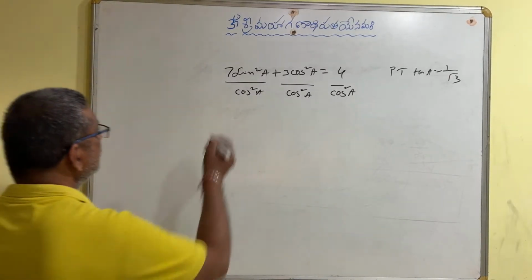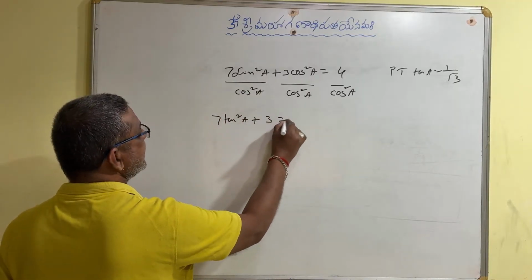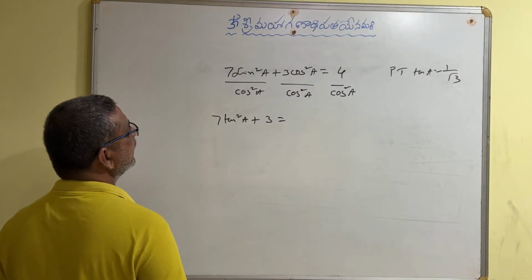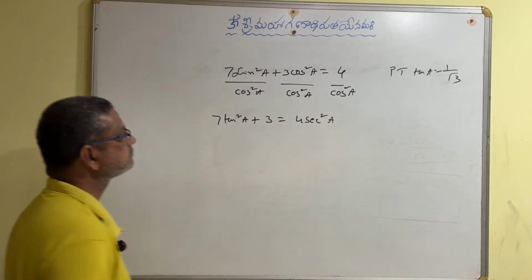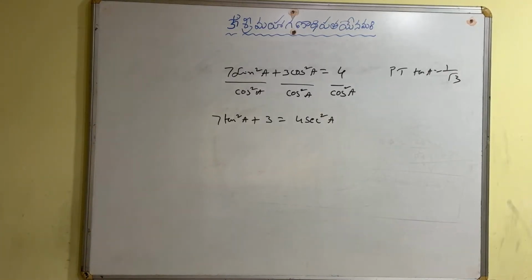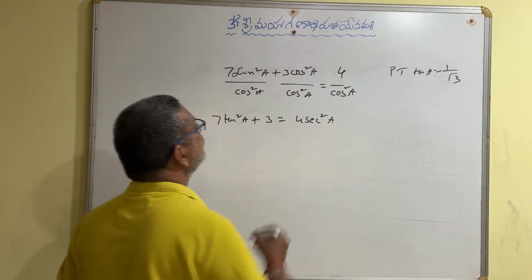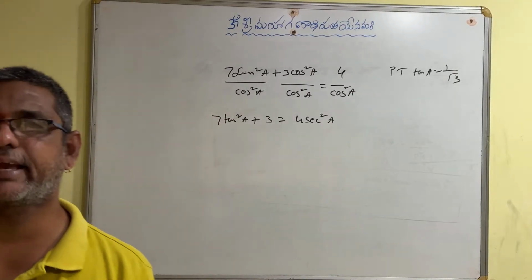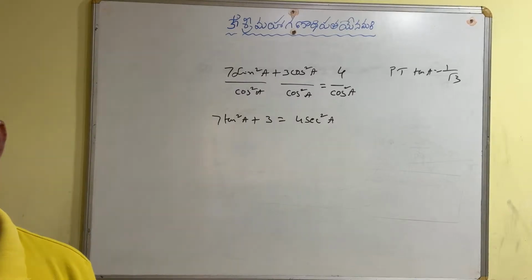Then this becomes 7 tan square a plus 3 is equal to 4 secant square a. Is that right? And we know secant square a is nothing but 1 plus tan square a.